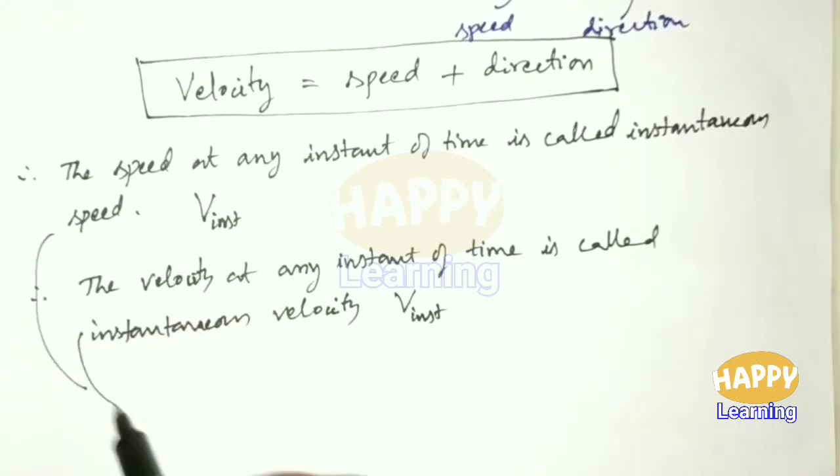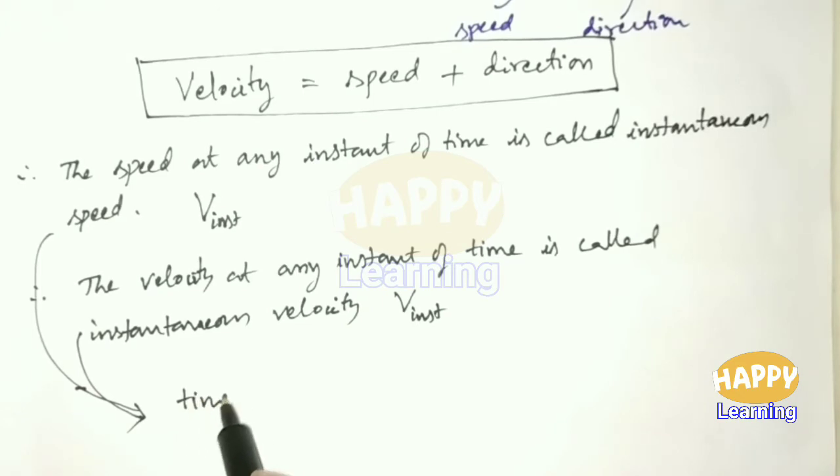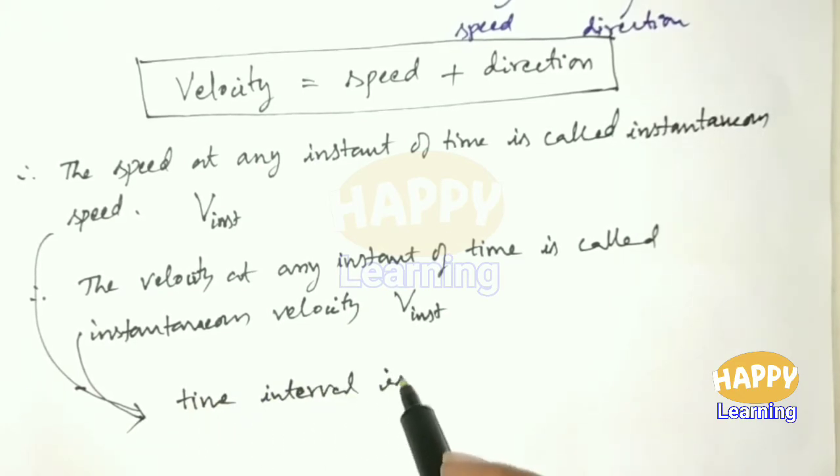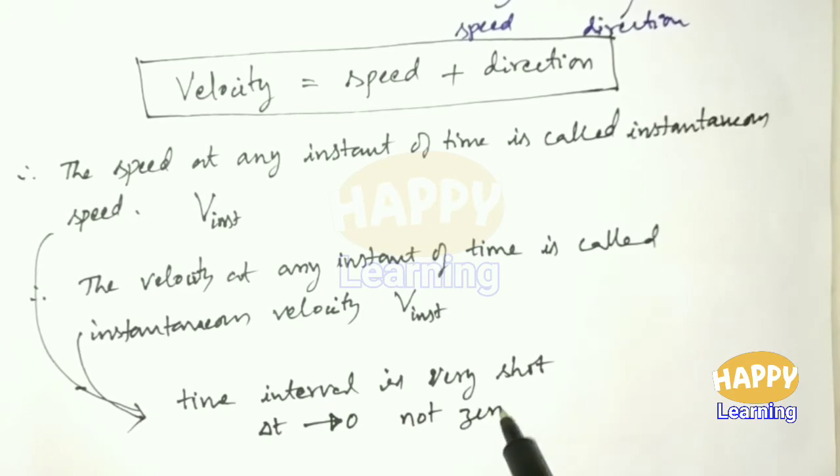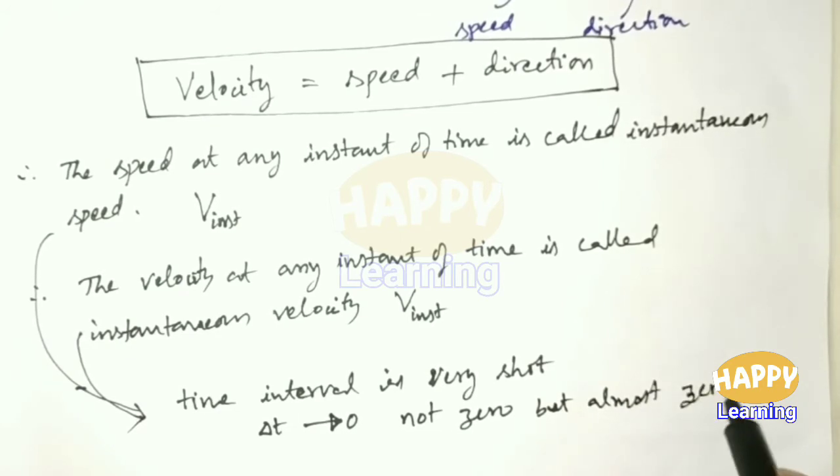In both the cases of instantaneous speed and instantaneous velocity, the time interval is very, very short. That time interval delta t tends to 0, almost 0, not 0, but almost 0. You have to select a very, very short time interval.